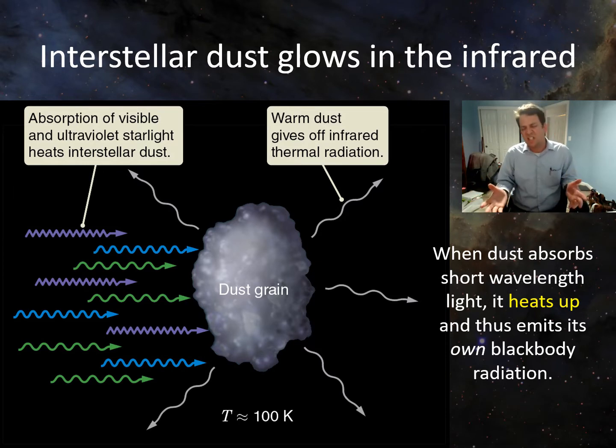But a nice average temperature to think about for grains of dust in the interstellar medium is around 100 Kelvin, right? So that's really cold for us. We would not want to be around 100 Kelvin. But it's actually quite a lot warmer than the otherwise emptiness of space, and we'll talk more about that later.